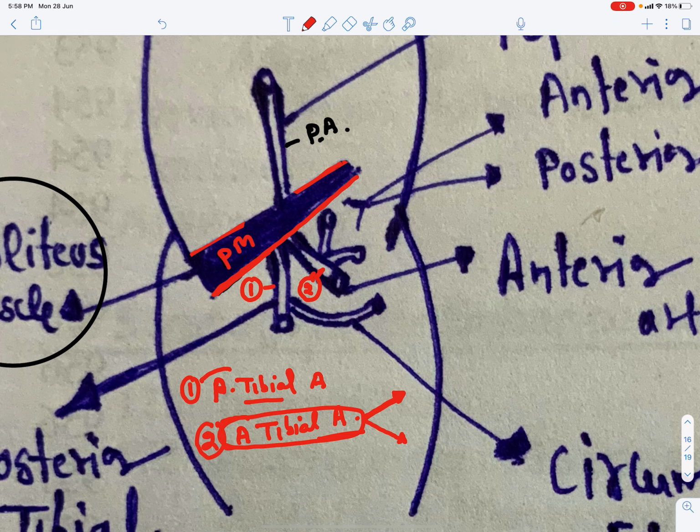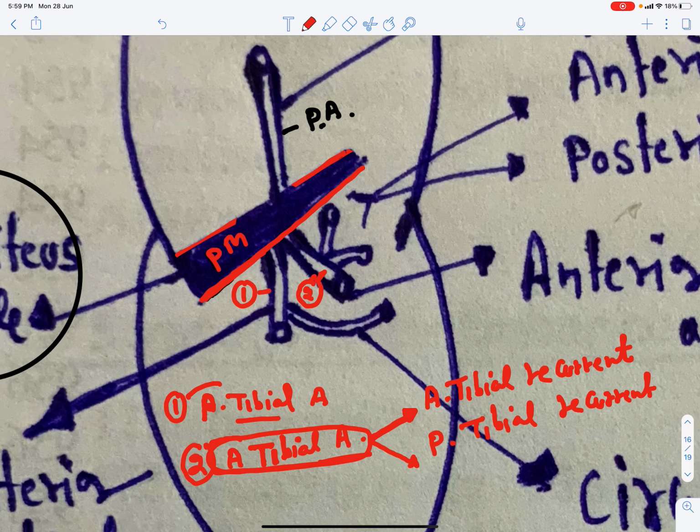From which artery? The anterior tibial artery. One is called the anterior tibial recurrent, and the second is the posterior tibial recurrent.